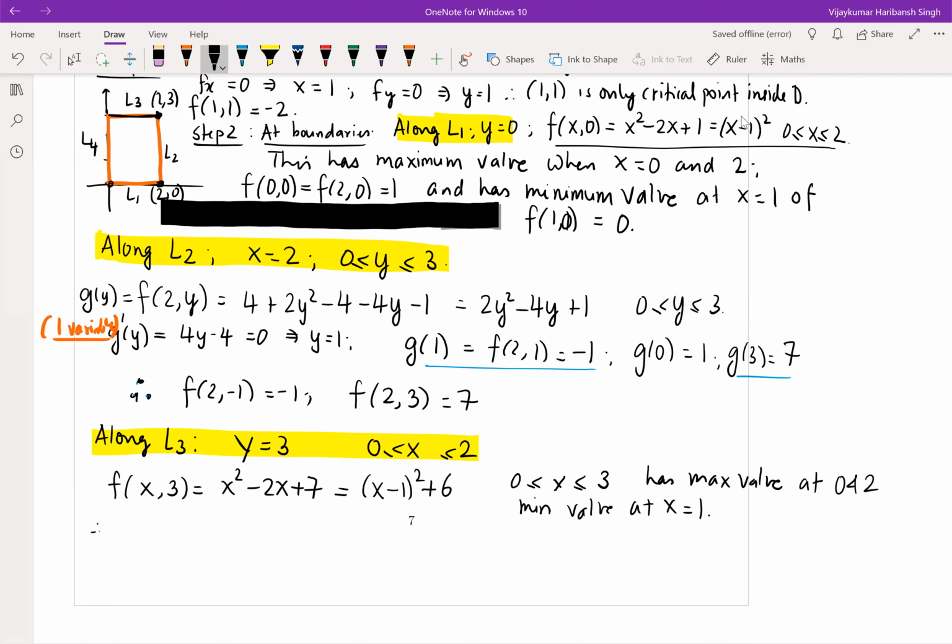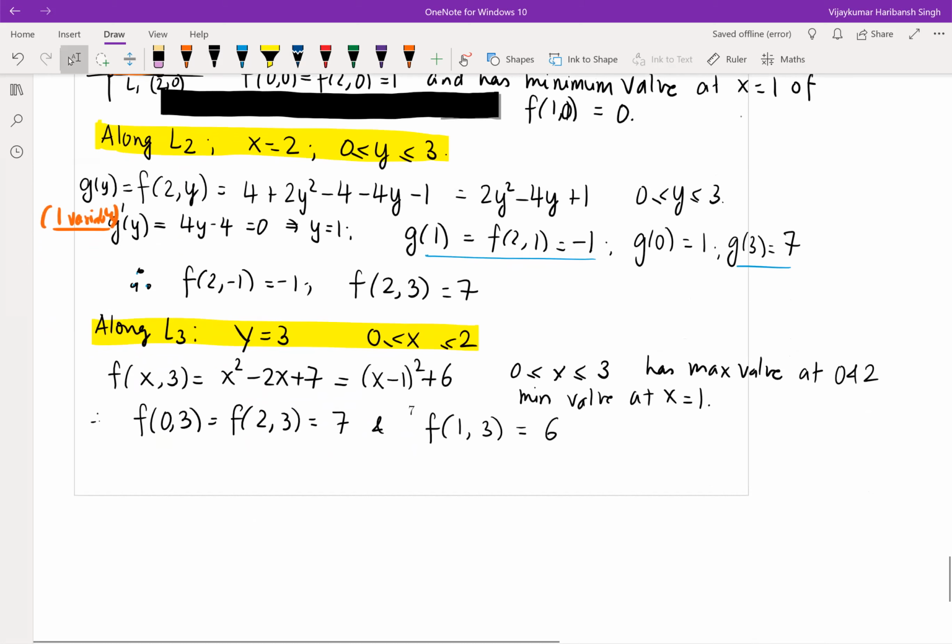So therefore the points of importance for us are f of 0, 3 equals f of 2, 3, which is 7, and f of 1, 3, which is 6.